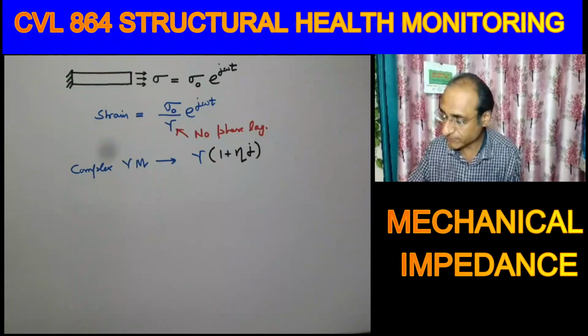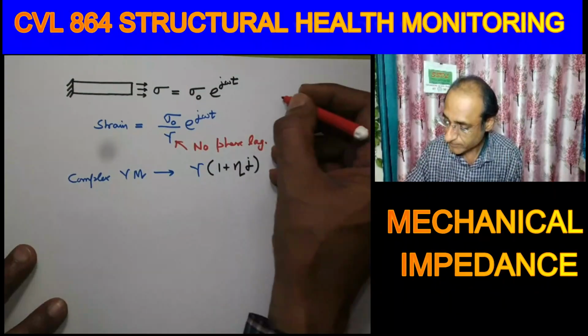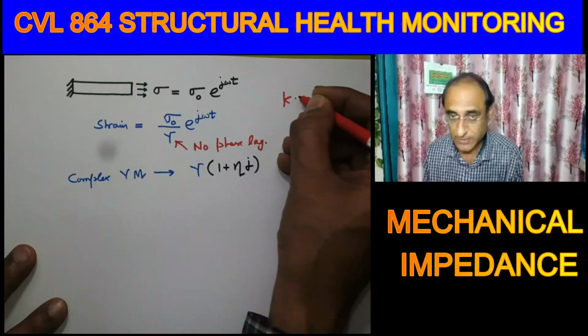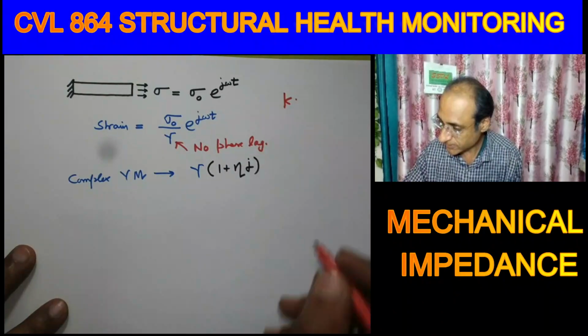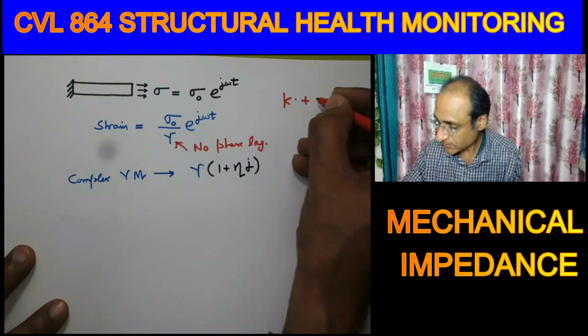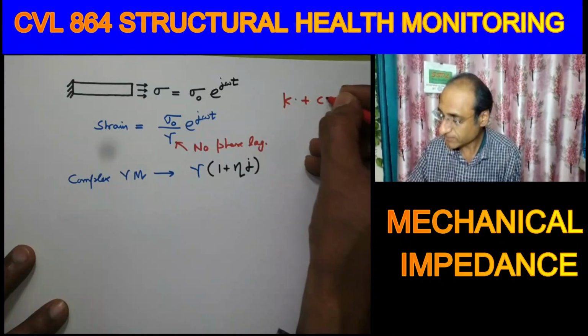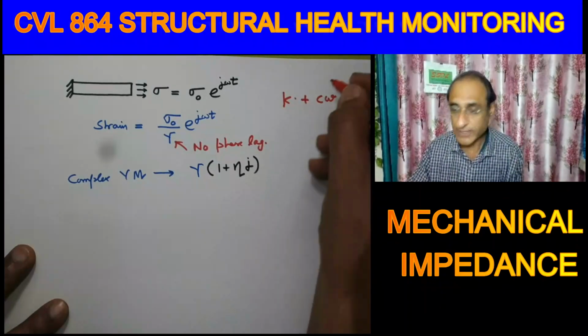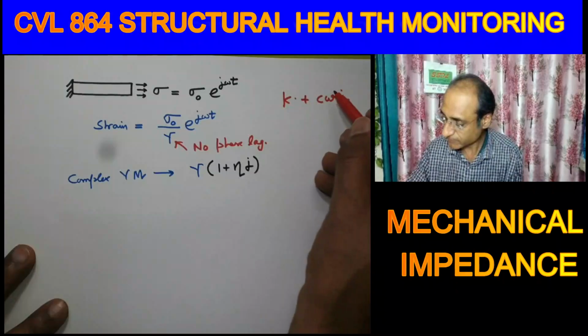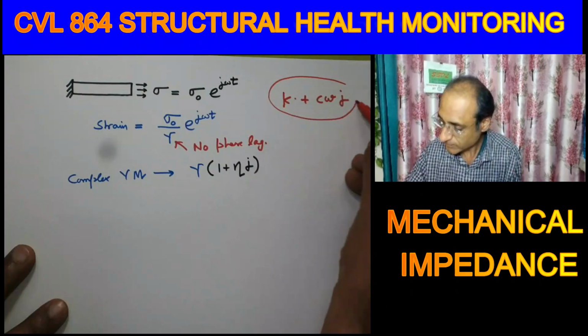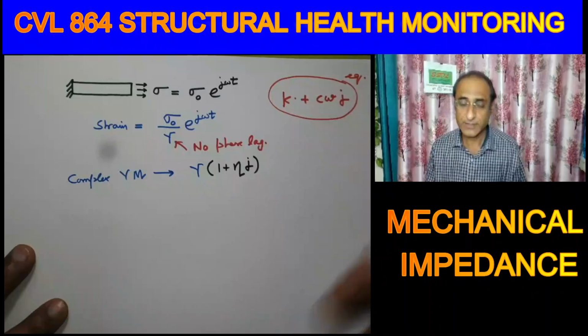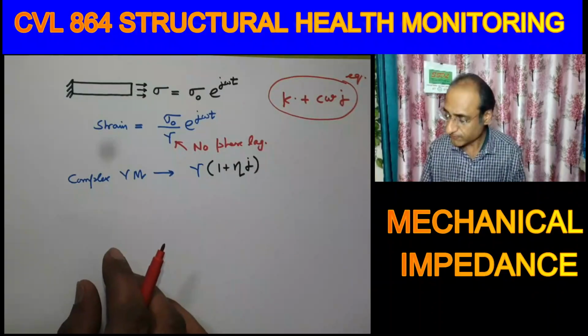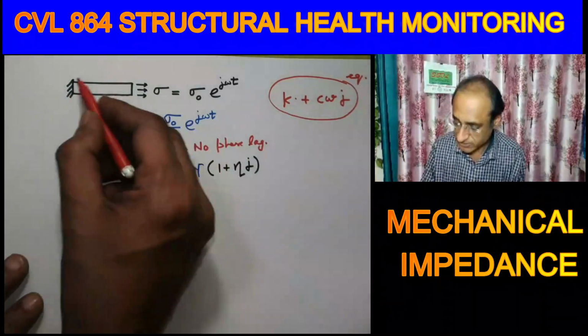Just like we have seen that we define stiffness as K plus Cωj. This is now our equivalent stiffness. So let's define stiffness in general. If we have this kind of arrangement, what will be the stiffness?